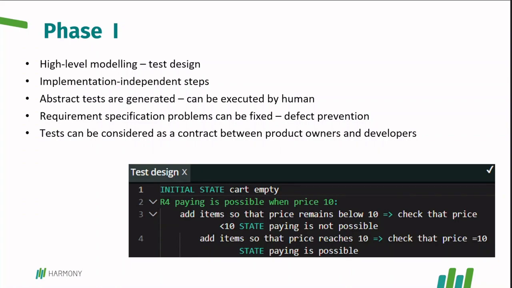And finally, the tests can be considered as a contract between product owners and developers, because the tests can be considered as examples, and not only as examples, but living examples.